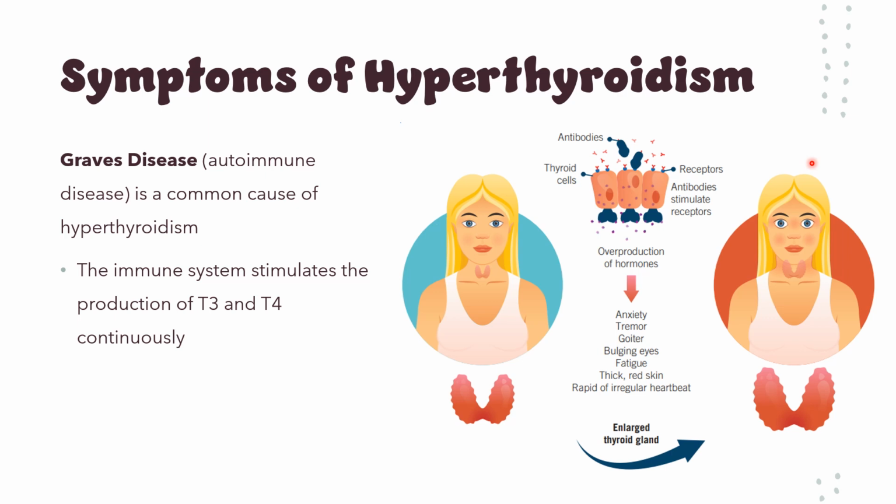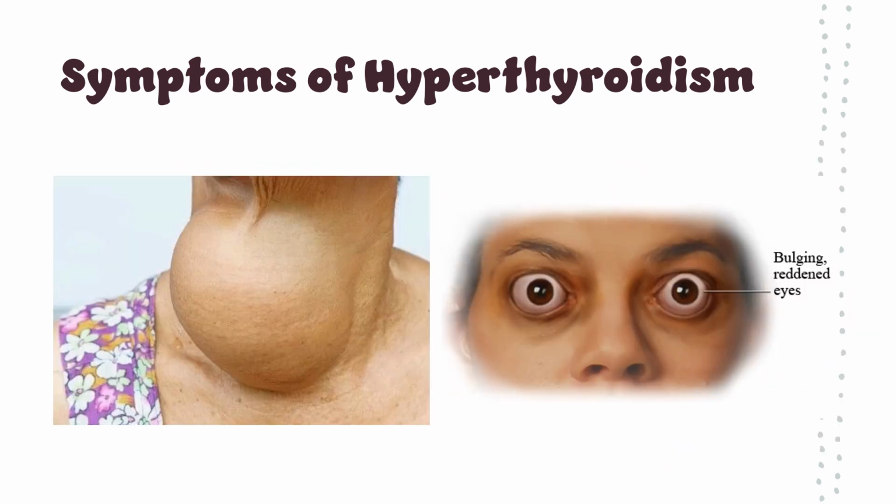So the thyroid gland is going to be very overreactive, and this can cause a lot of things like anxiety, tremors, goiter, which is like an enlarged growth of the thyroid, bulging eyes, fatigue, thick red skin, and rapid or irregular heartbeat. So this is a goiter. This is what an enlarged thyroid looks like, and then Graves' disease can also produce this bulging and redness of the eyes.